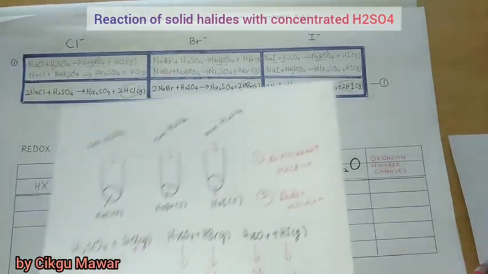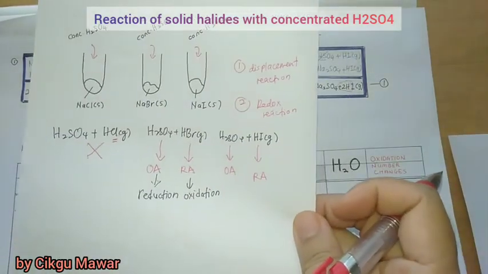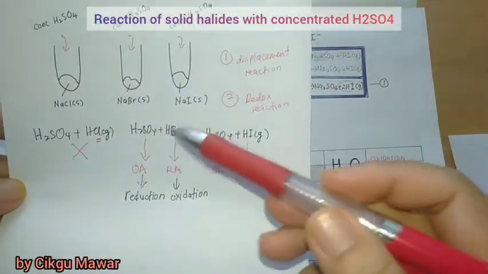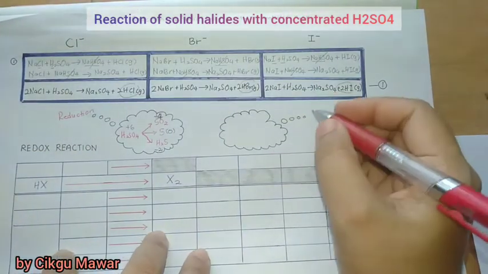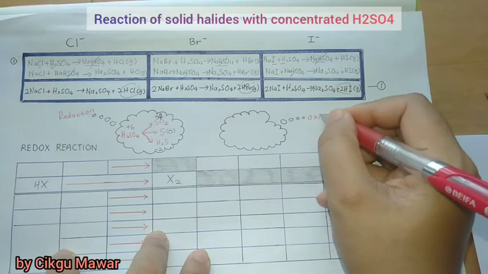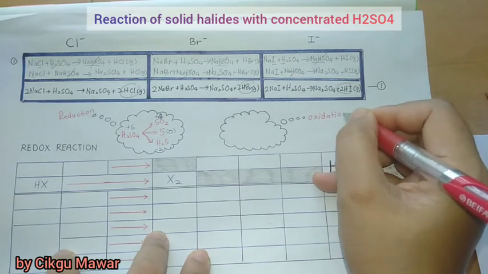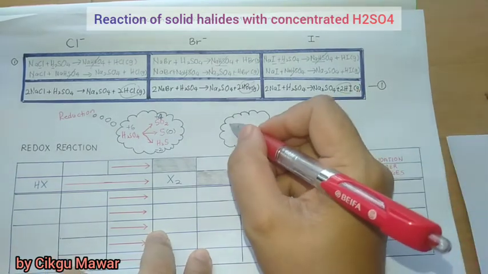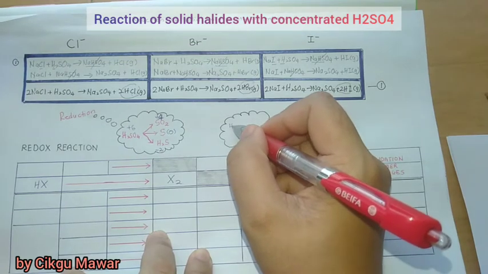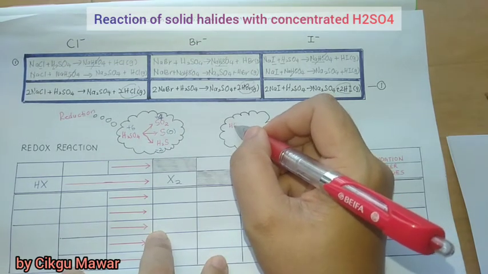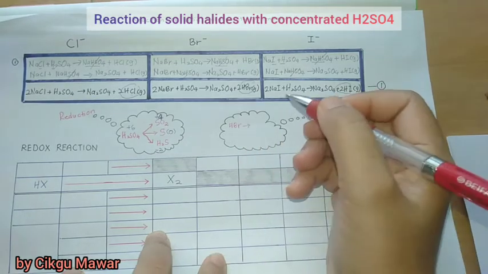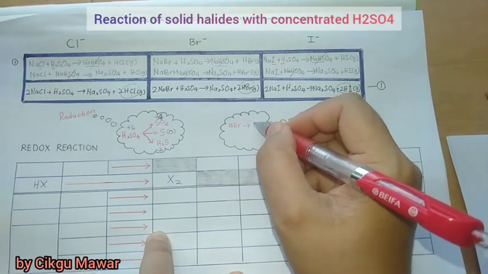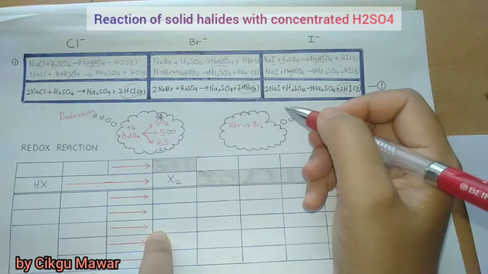About the oxidation, now the oxidation is of the halide, HBr and HI. So now for the oxidation process, hydrogen bromide gas, which contains the bromide ion, will oxidize itself to form bromine.